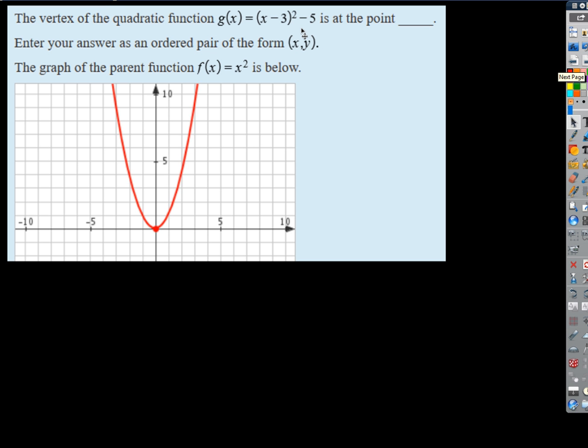What's the location of the vertex going to be? What are we going to get? So right 3 and down 5. Okay, so the coordinates would then be 3, negative 5, right? Does that make sense? So just the values of h and k, that's it. Okay, questions on that? Okay.